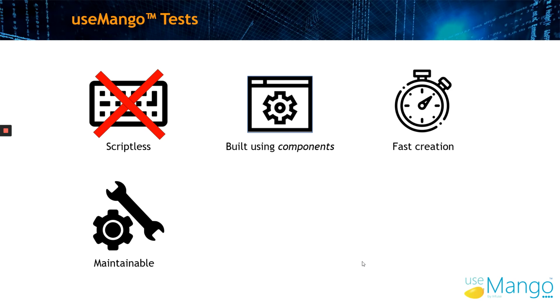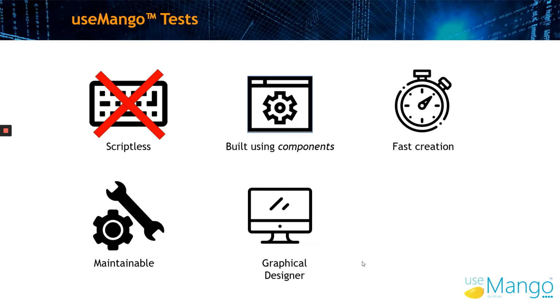Therefore, you don't want to start again when an existing test breaks because of these changes. So the test needs to be updated in order to adapt to the modified conditions. Hence, maintainability is very important. useMango provides a graphical test designer for putting all these together. And we also have a feature for managing the data that goes into the test.